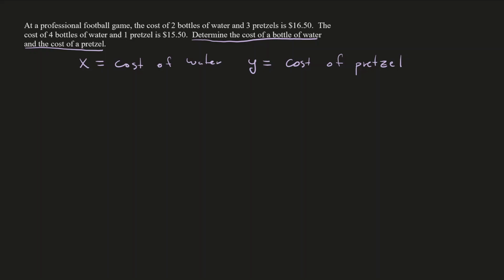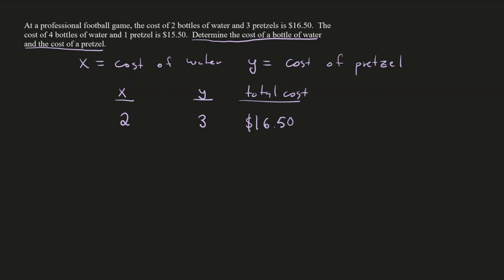Next, we have essentially 2 things here. We know the cost of 2 bottles of water and 3 pretzels is a total amount, and the cost of 4 bottles of water and 1 pretzel is a total amount. So if this is the cost of the water in a column, and this is the cost of a pretzel in a column, if you buy 2 bottles of water and you buy 3 pretzels, your total cost is $16.50.